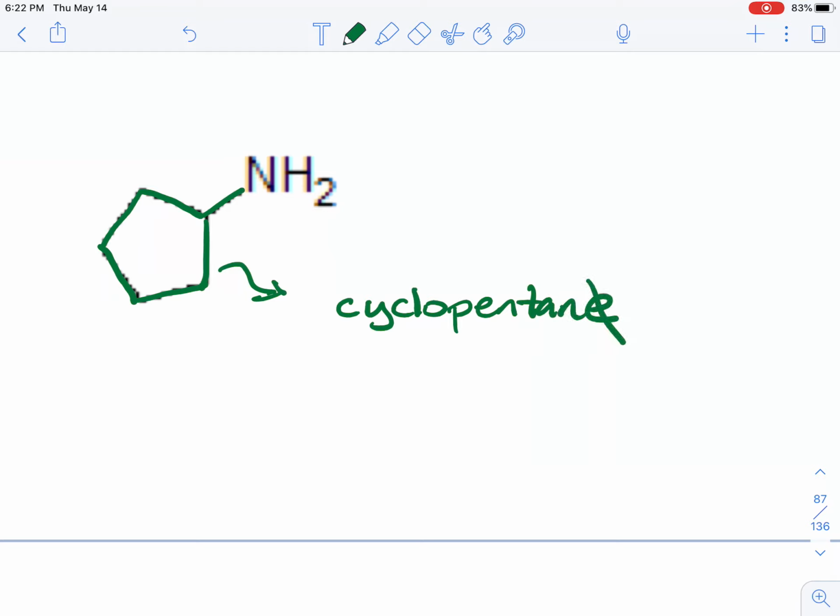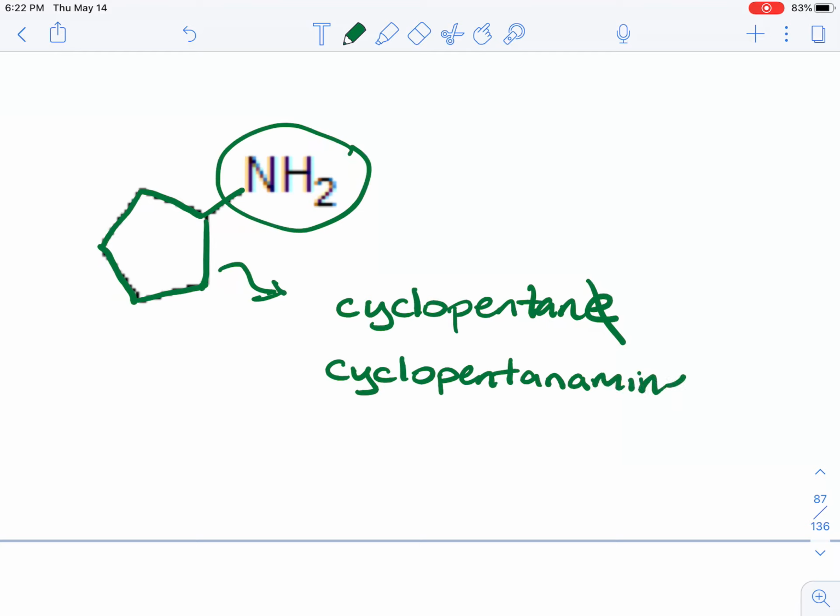And I'm going to cross out my E and add in the amine. So this is cyclopentanamine. Okay. So I'm crossing out the E and I'm adding the word amine.